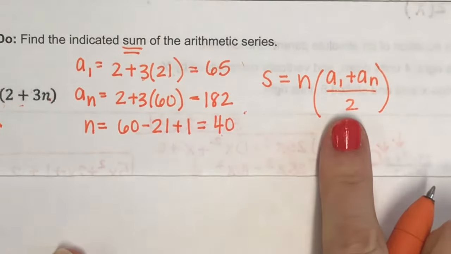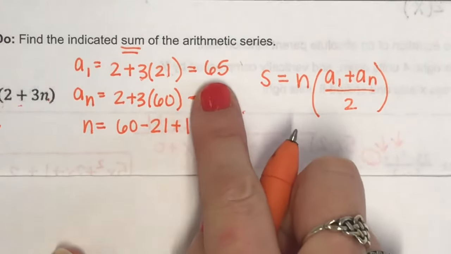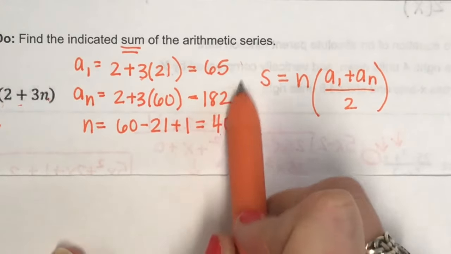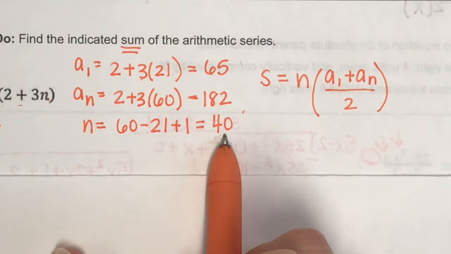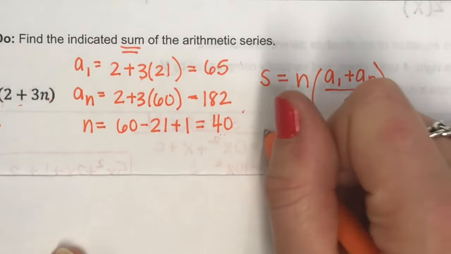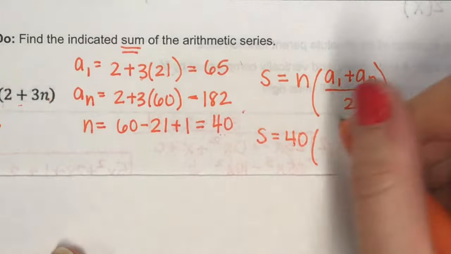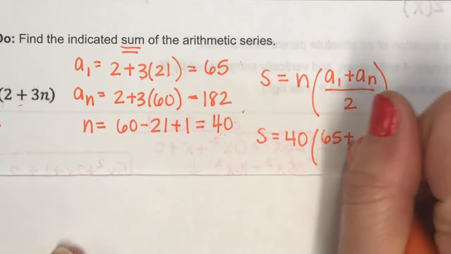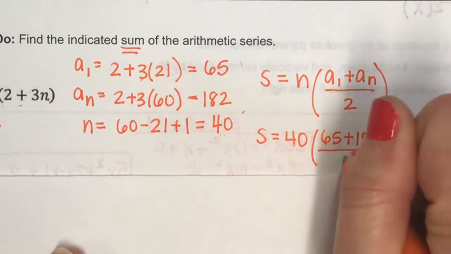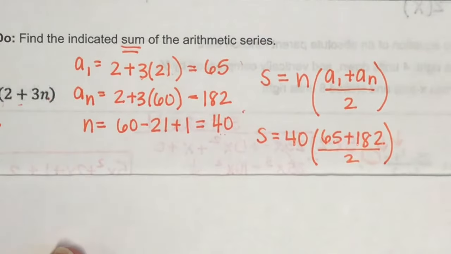Essentially, you're finding the average of these two and multiplying it times the number of terms. So I just got to plug it in. My sum is 40 times, I'm going to add 65 plus 182, and divide by 2. I'm just going to find the average of those.